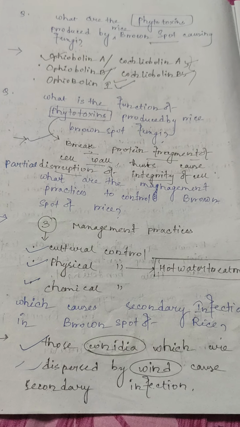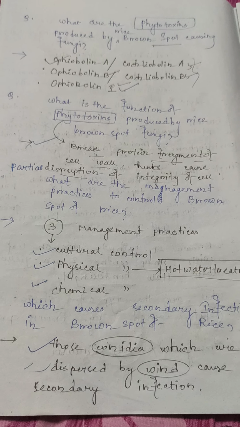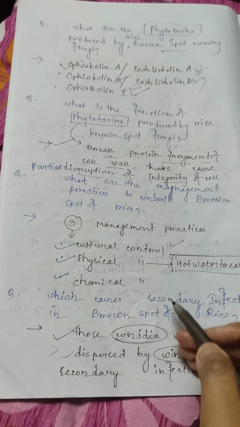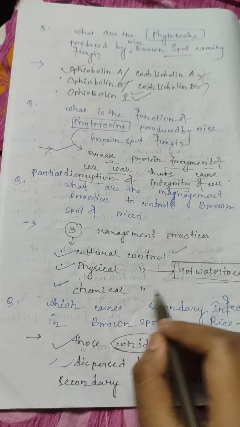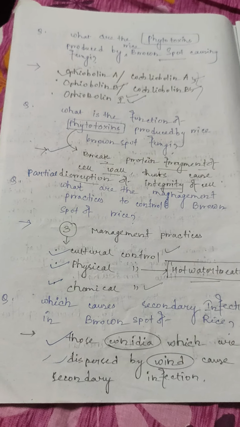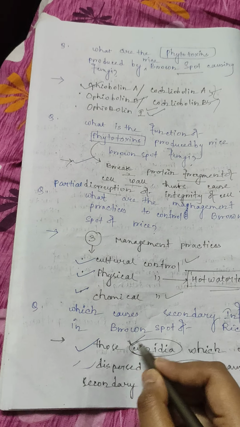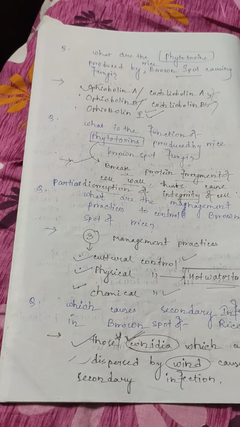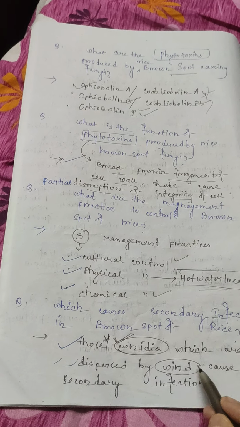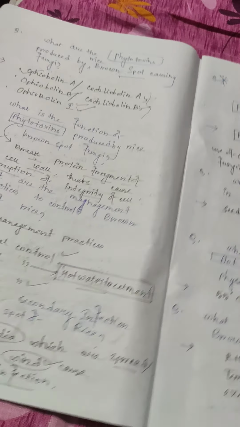What are the management practices to control brown spot of rice? Three management practices: cultural control, physical control, that is hot water treatment, and third is chemical control. Which causes secondary infection in brown spot of rice? Conidia produced from conidiophores, dispersed by wind, cause secondary infection.